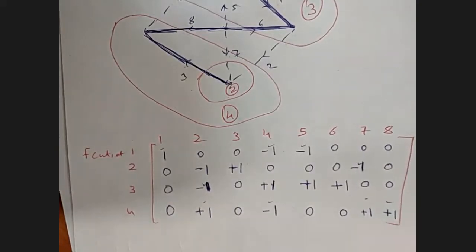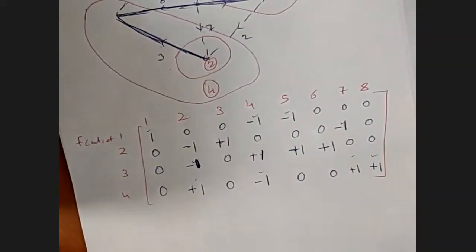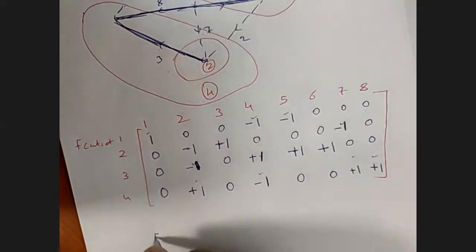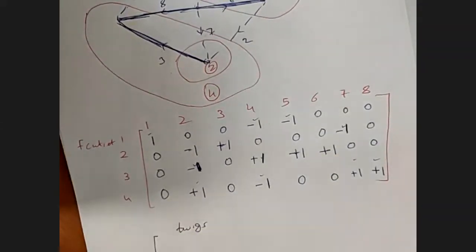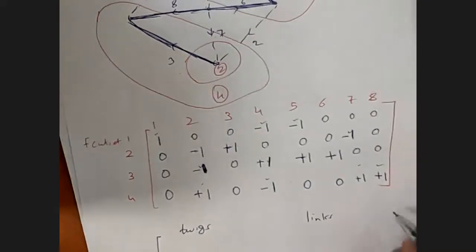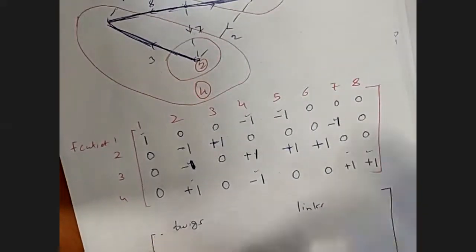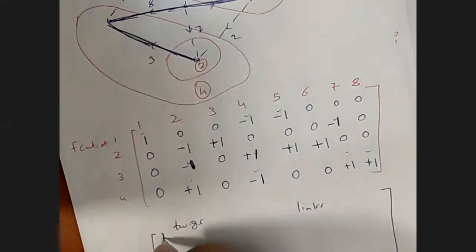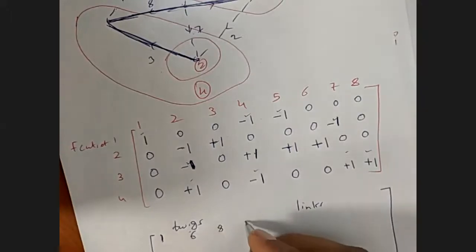So now similar to tie set, we will be writing twigs first and links afterwards. So twigs are for this network 1, 6, 8, 3.